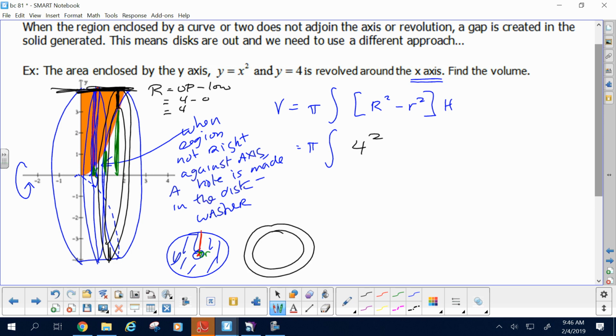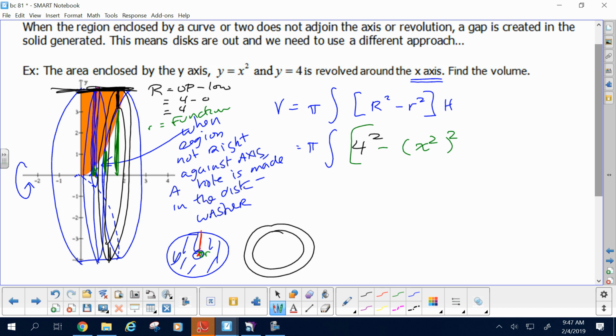Little r seems like a value that's getting bigger and bigger. So what do we call little r? Yeah, it's the function. Little r is the function, and so in this case, x squared. Now that's still little r squared, so it's x squared squared.